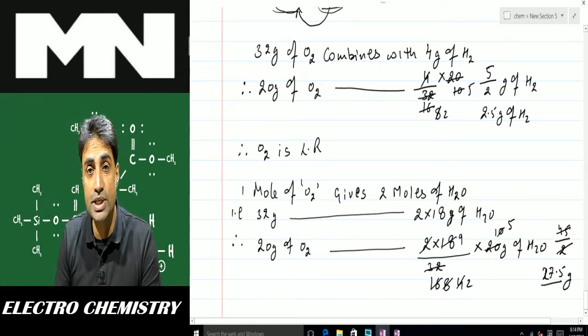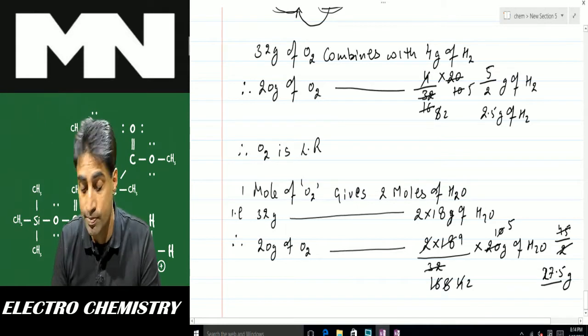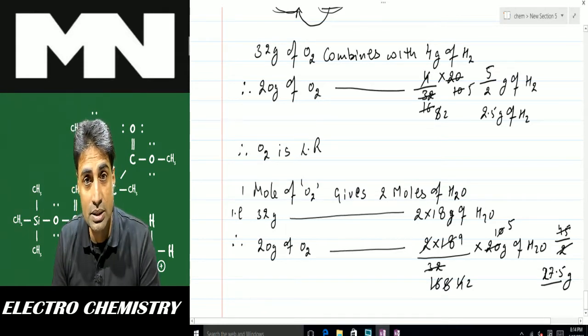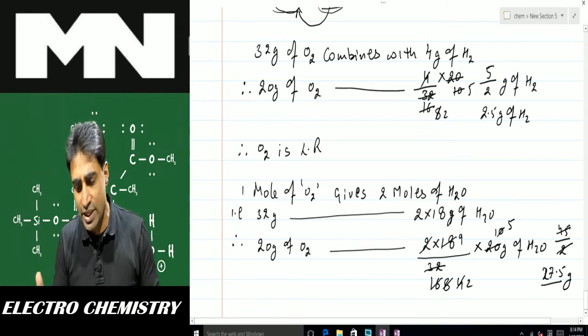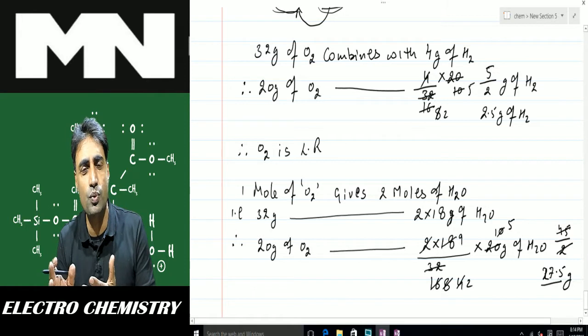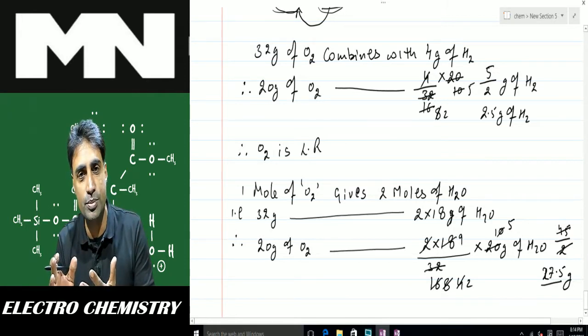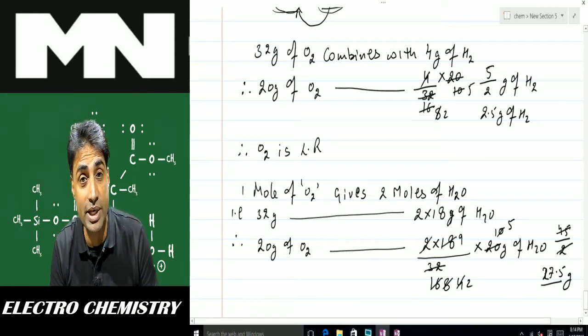Again, the first thing which I did is that I calculated the limiting reagent, and through that limiting reagent I calculated the amount of water formed. See, my dear students, as far as this question is concerned, it's a random question which I gave you. Randomly, it came to my mind that this much amount of oxygen I should give you. And through those quantities, first I'll help you in calculating the limiting reagent.